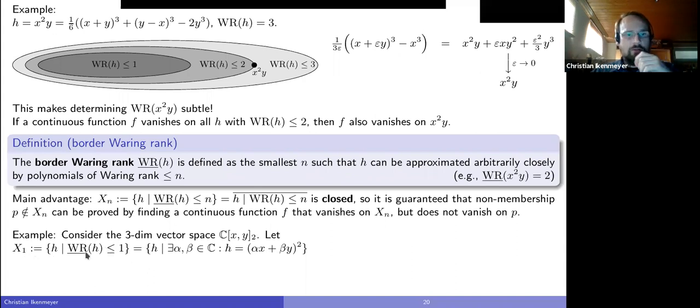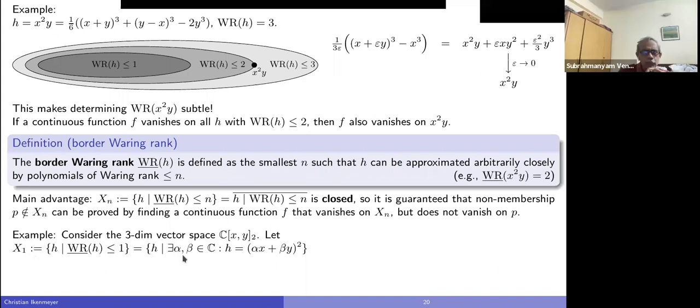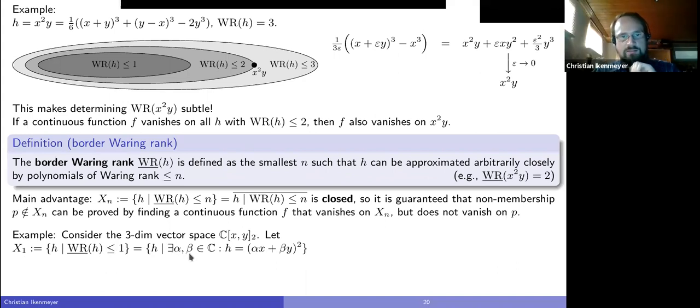Well, in this case, border Waring rank 1 is the same as Waring rank 1, but just for the sake of having an example with a border Waring rank. Okay, so those are the polynomials that can be written as a square. So there exist constants alpha and beta such that your polynomial can be written as (alpha x plus beta y) squared. But not every polynomial can be written as a square. So some polynomials have a higher Waring rank, a higher border Waring rank.